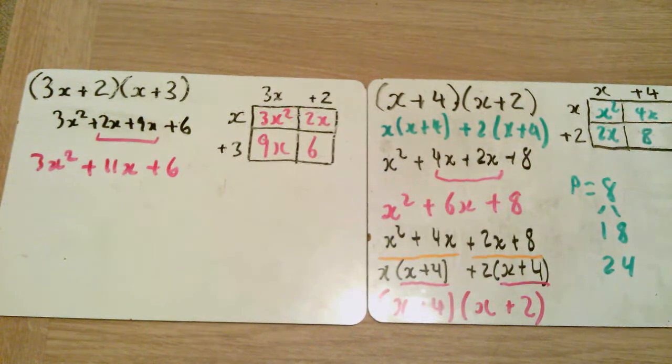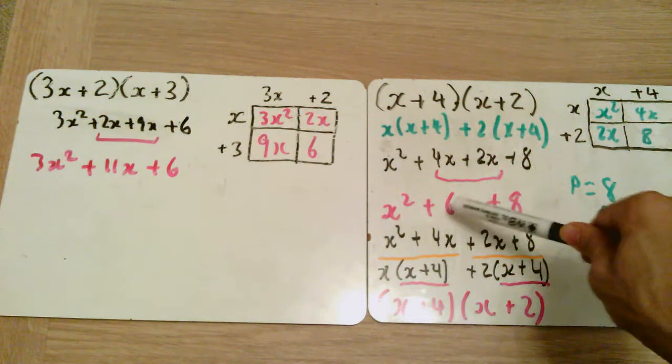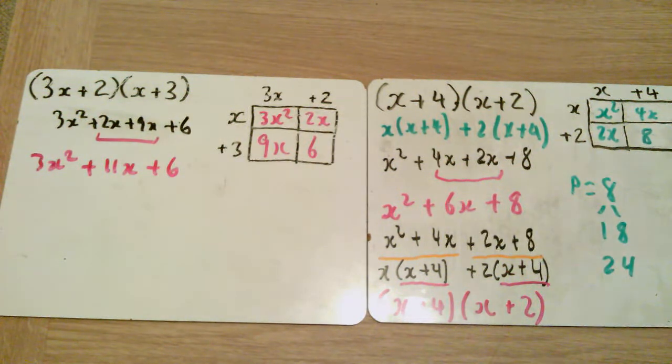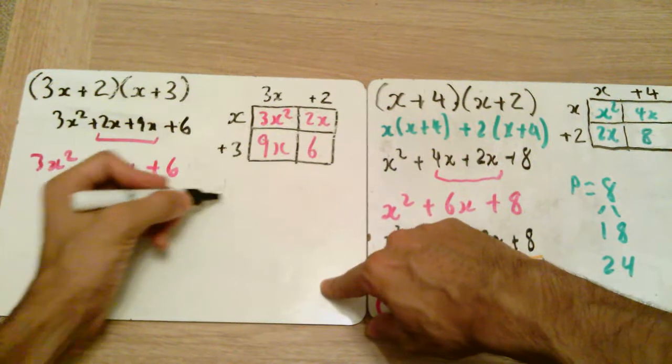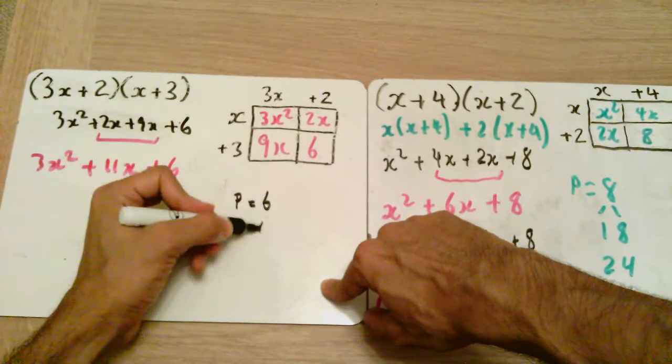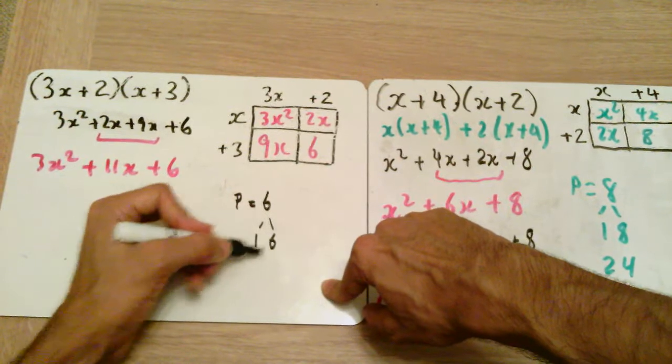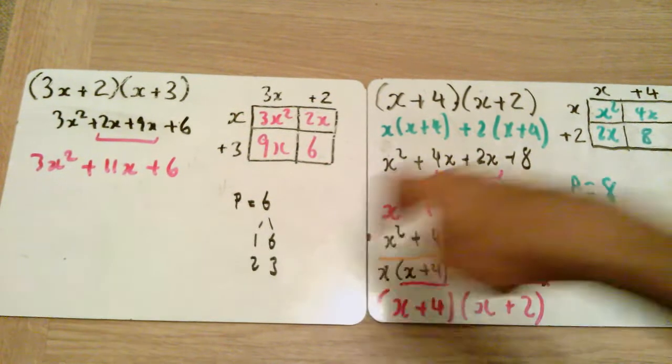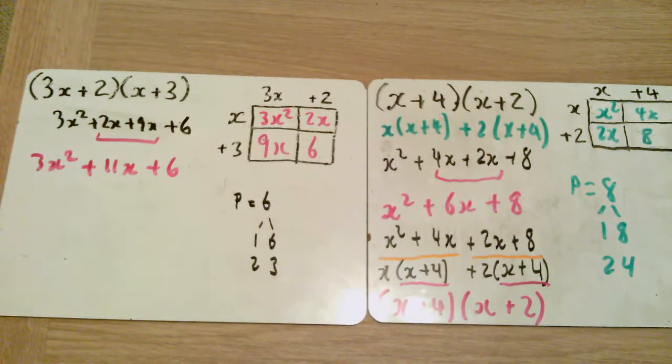Now, some of you may notice an issue here. Previously, we said we need two numbers that multiply to make the 8 and add to make 6. If we try that over here, we take this value, the product is 6, and the sum is 11. The combinations of 6 are 1 and 6, and 2 and 3. Neither of those add to make 11, so we've got a problem here.